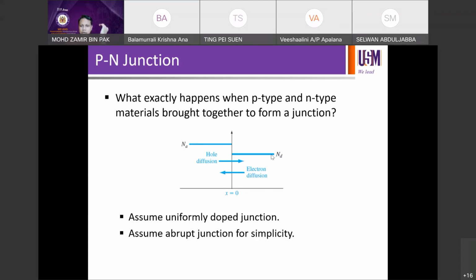The same goes for Nd. You start off high in the N and then you get nothing in the P. But it's not like you have nothing in the P, because electron is a minority carrier there, isn't it? We learned about Ni, Np, Ni squared. Whenever you have a majority, you're going to have your minority there as well at equilibrium. We assume this for simplicity.